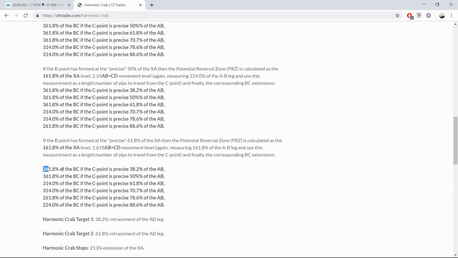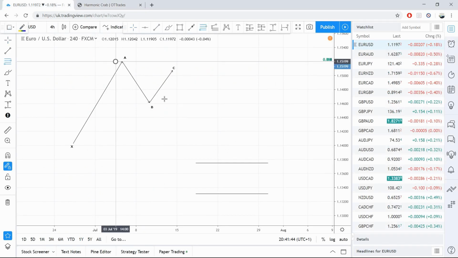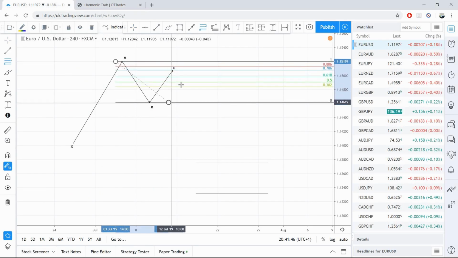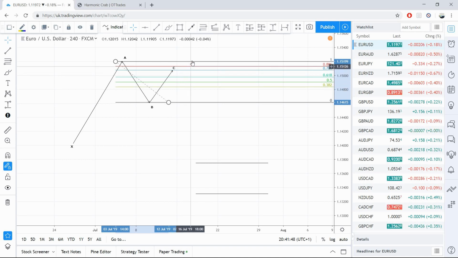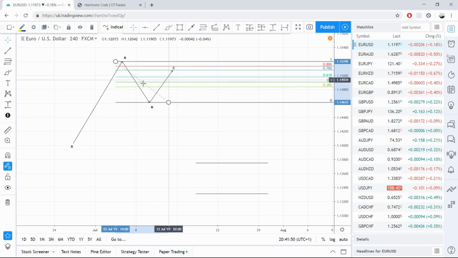So the final point of the PRZ, the final D point, is determined by where that C point came in relation to the A to B. So determined by where our C point landed, it could land anywhere between 382 and 100%, if you remember.